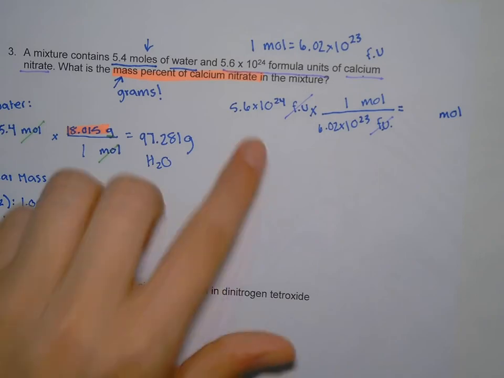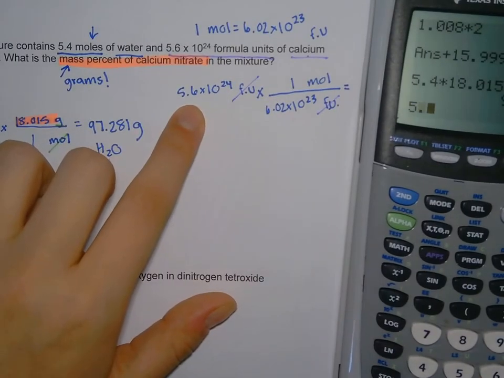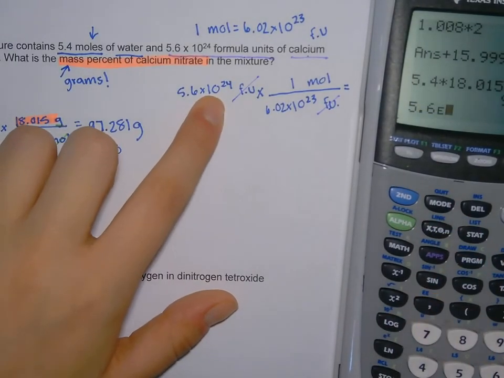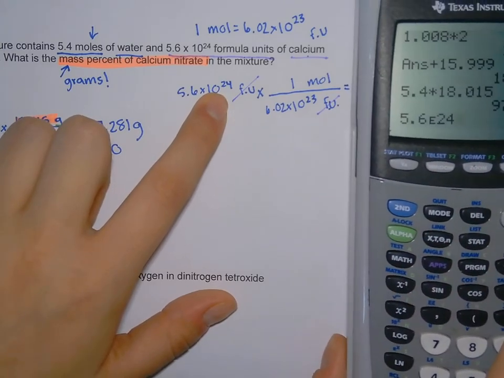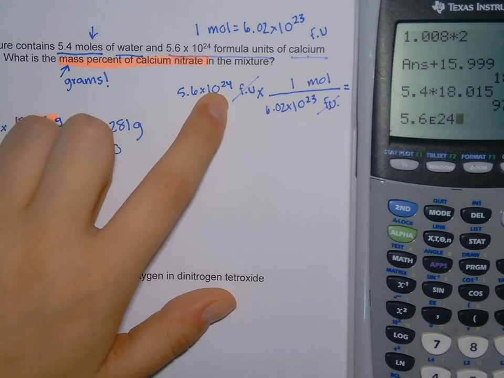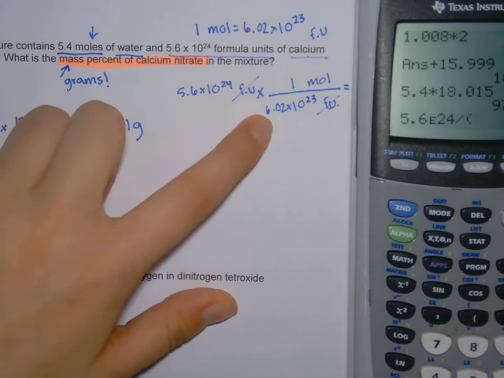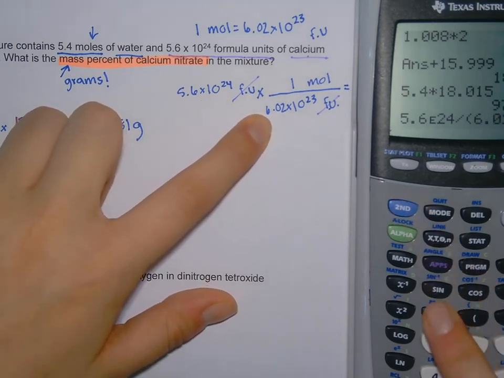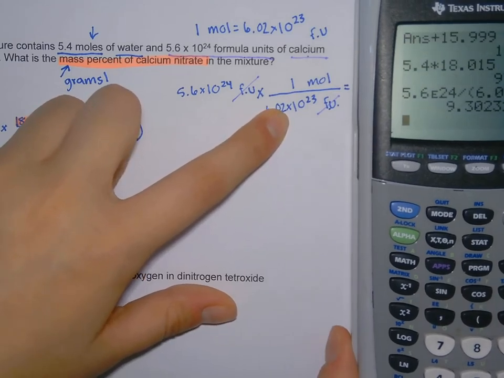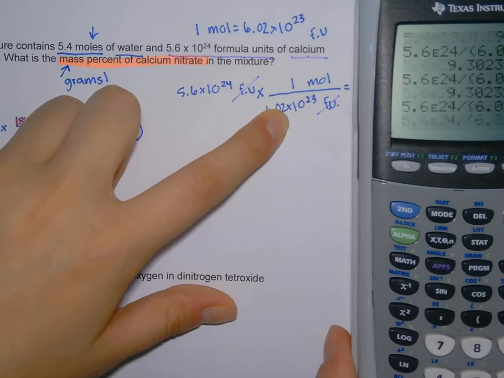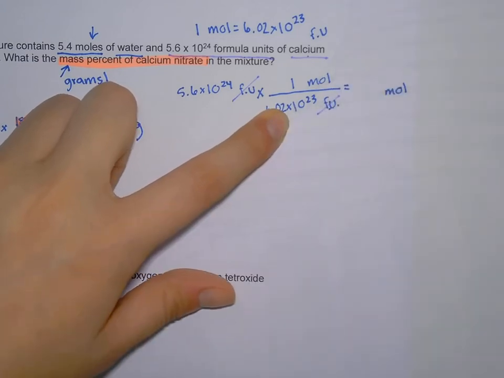So now I'm going to solve the math. 5.6 times 10 to the 24th, that little e that you see there is the same thing as saying times 10, divided by 6.02 times 10 to the 23rd, and that is equal to 9.3.